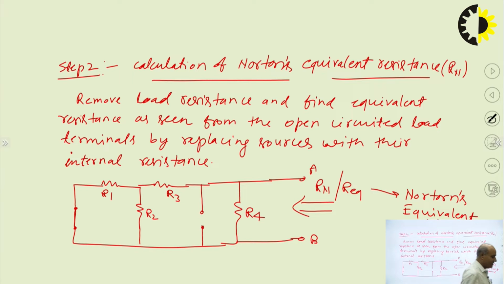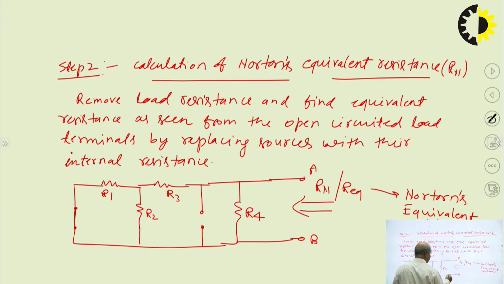So we can very easily calculate the equivalent resistance. You have gone through so many examples of calculating equivalent resistance between two terminals. So this is how we calculate Rn.